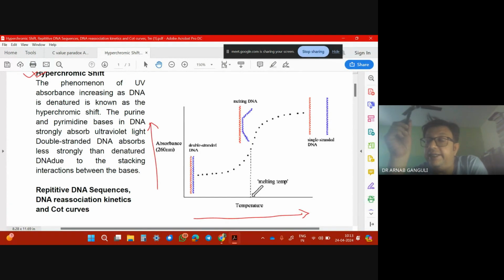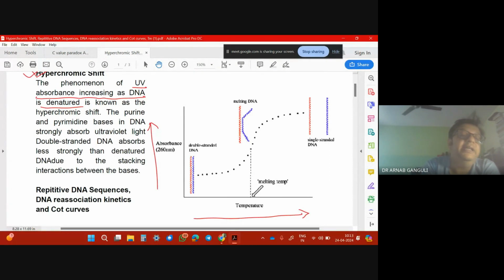UV light at 260 nanometer is passed through the DNA molecule, and depending on the concentration of DNA, more amount of UV is absorbed. So the more the absorbance, the more the concentration of DNA. In this hyperchromic shift, the phenomenon is that UV absorbance increases as DNA is denatured.